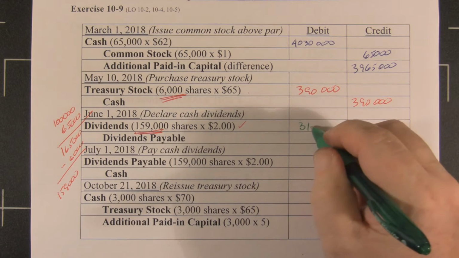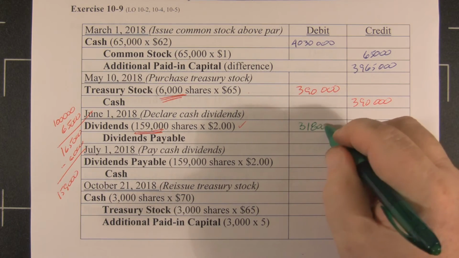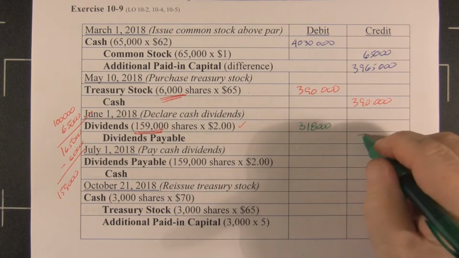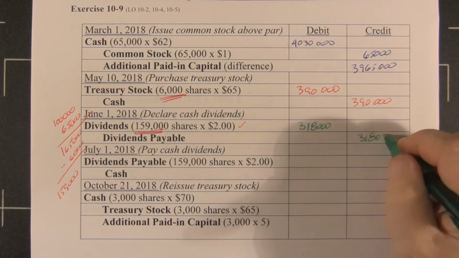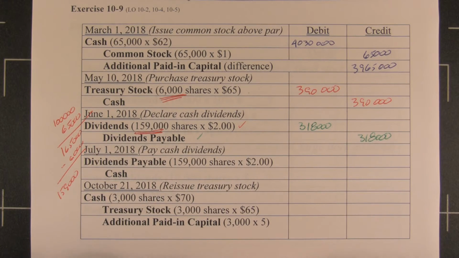$318,000. So that's a debit to dividends of $318,000 and a credit to dividends payable, $318,000, the immediate creation of a current liability upon the declaration of a dividend. Now, on July 1st, we're actually going to pay that.